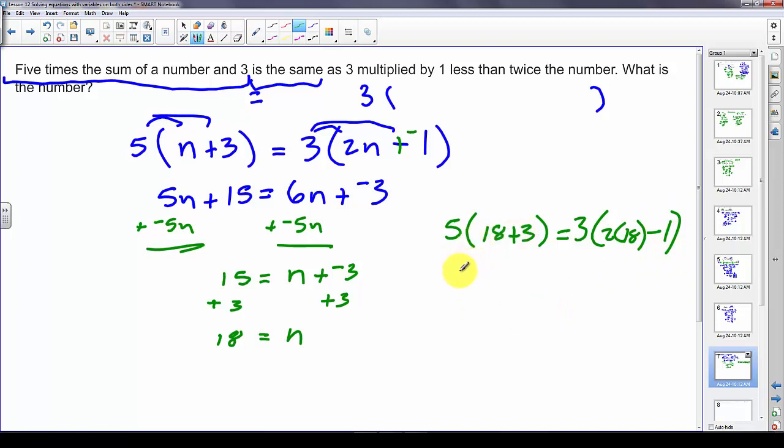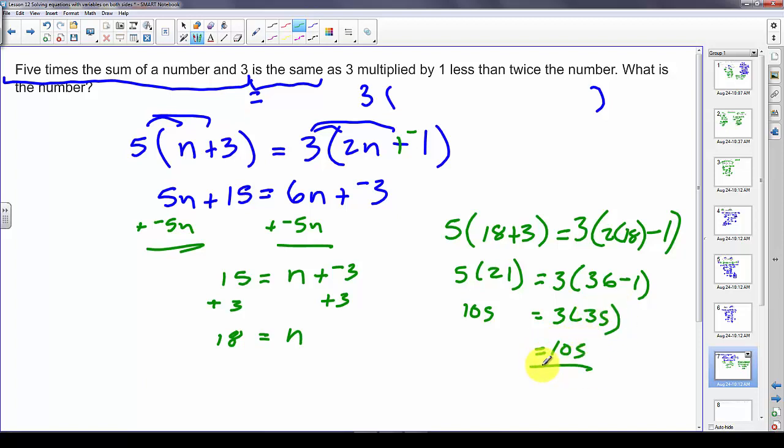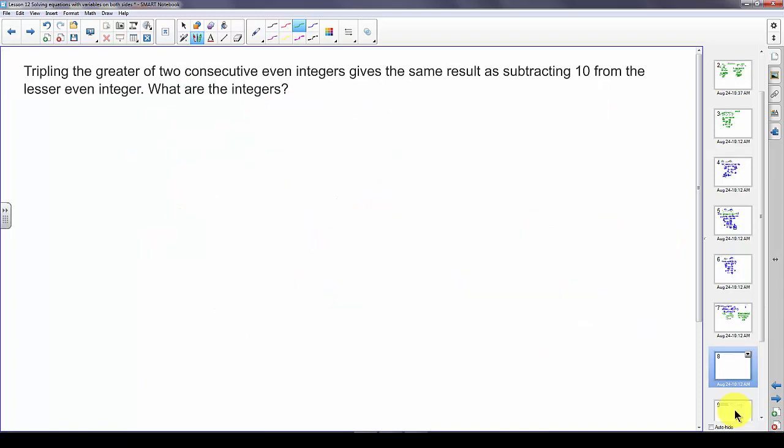So on this side I have 5 times 21, or 105, and on this other side I had 3 times, that ends up being 36 minus 1, or 3 times 35, which happens to be 105. So that checks out. Let's look at one more.